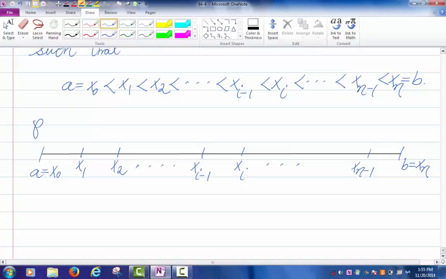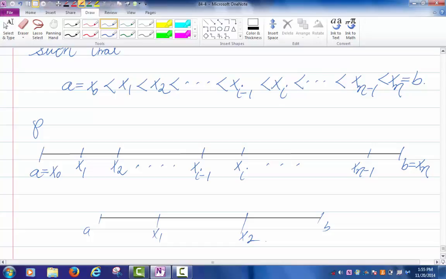Write it down. Here's my A, and B here, and then I pick 2 more partition points here, then I get 3 subintervals. So if I have 4 partition points, I have 3 subintervals.